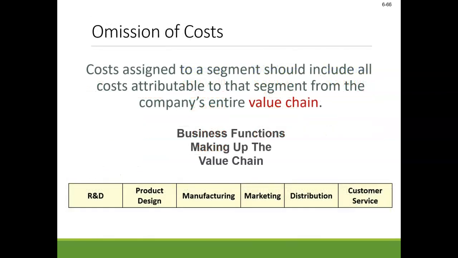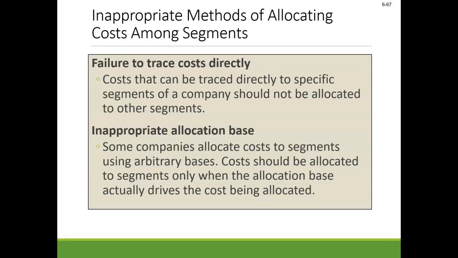Cost assigned to a segment should include all costs attributable to that segment. So things related to research and development, design, marketing, manufacturing, customer service should all be part of that.